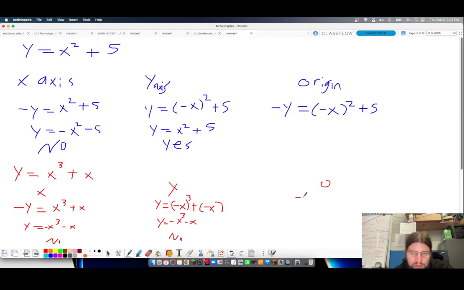For the origin, we plug in a negative both. So I'm going to simplify the right side first because, oh, hey, I already have it right here. Then I'm going to divide through by negative 1.